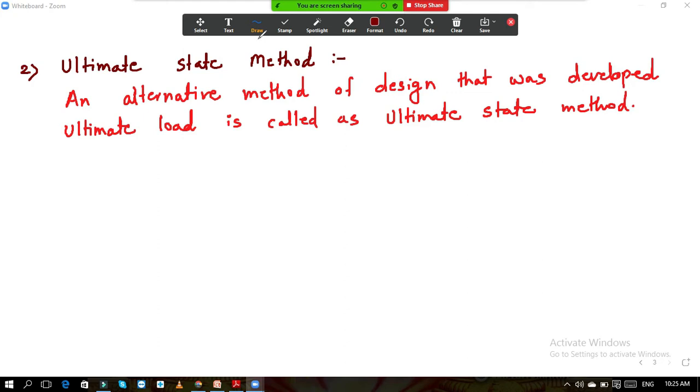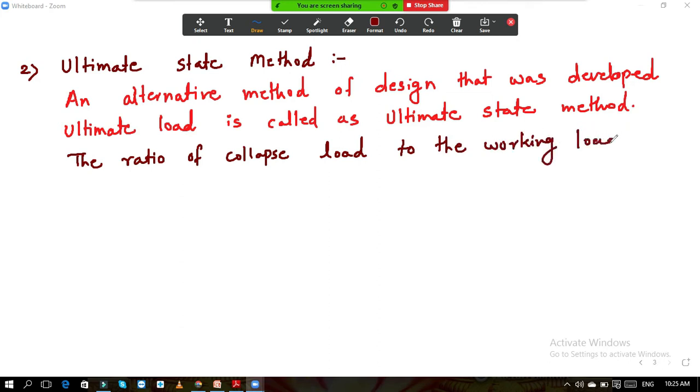In this method also, the ratio of the collapse load, that is the ultimate load, to the working load is known as load factor or factor of safety.